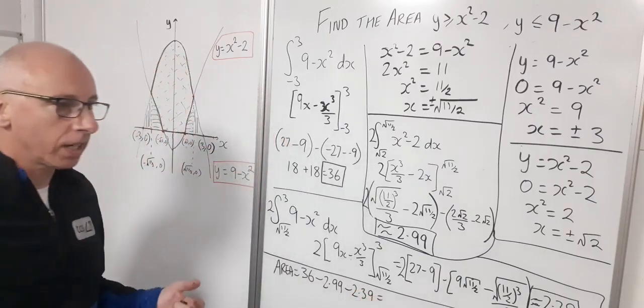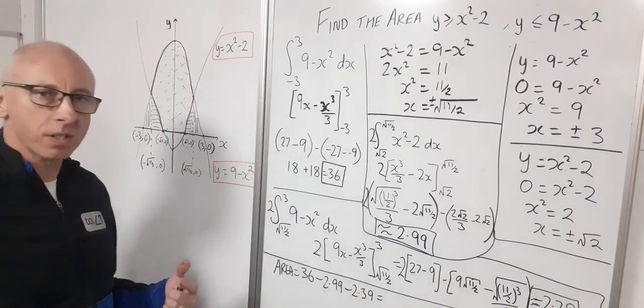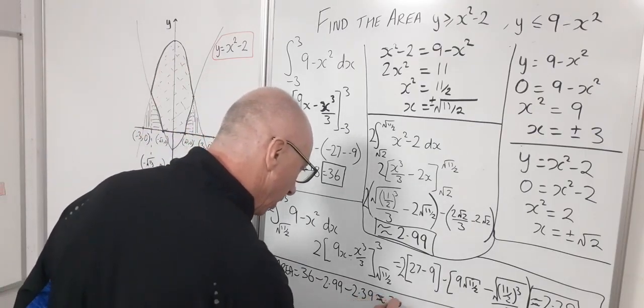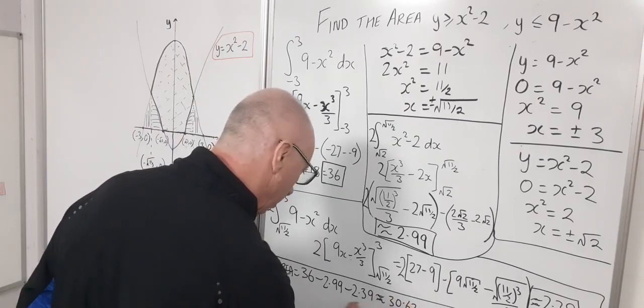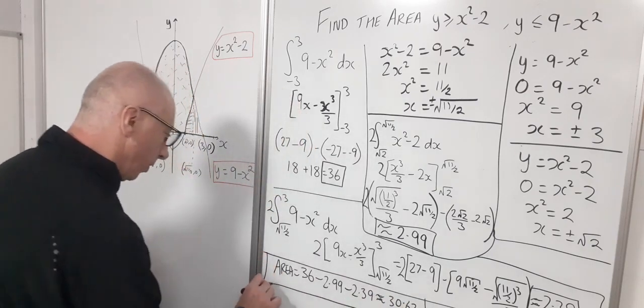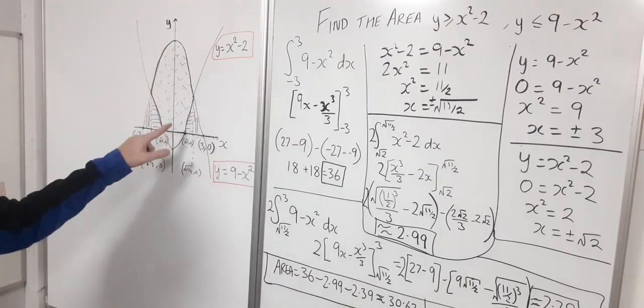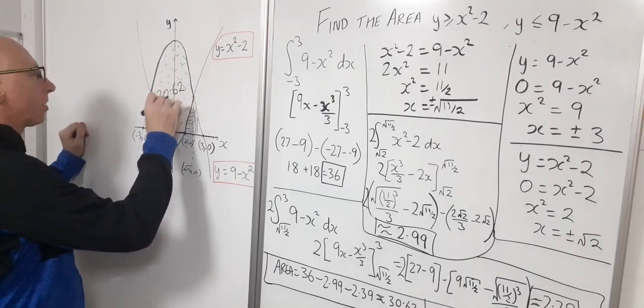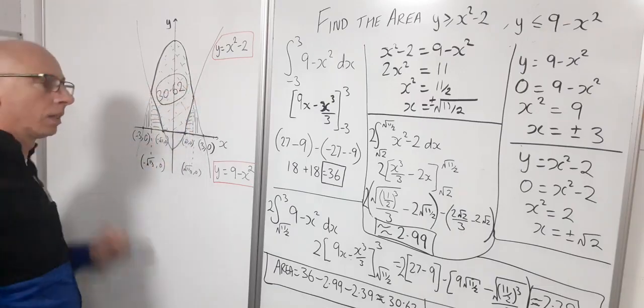Eventually we'll get to approximately 30.62. That is my final answer for that area inside here. So that is 30.62.